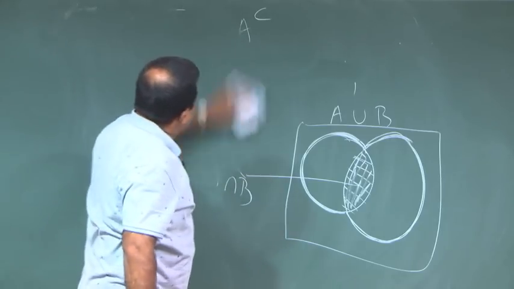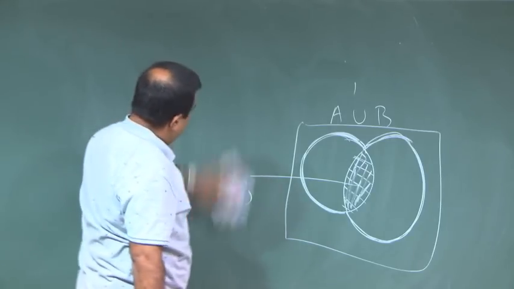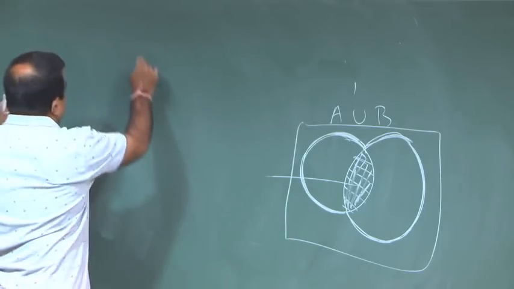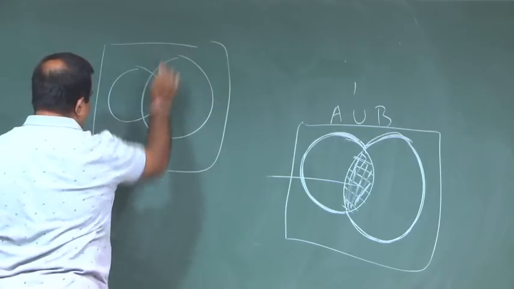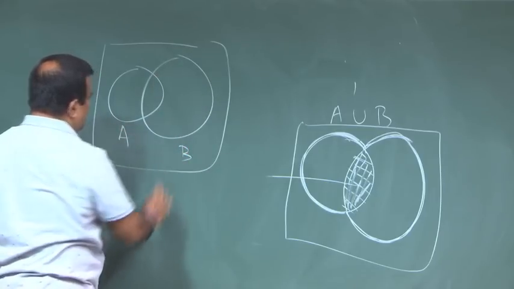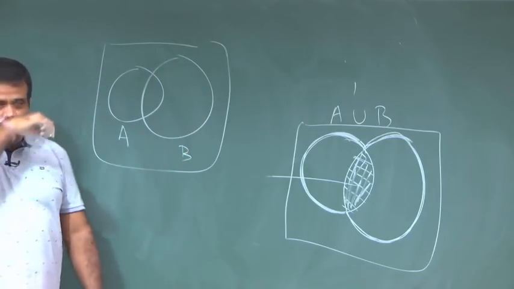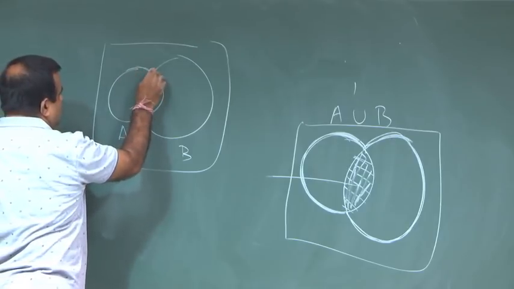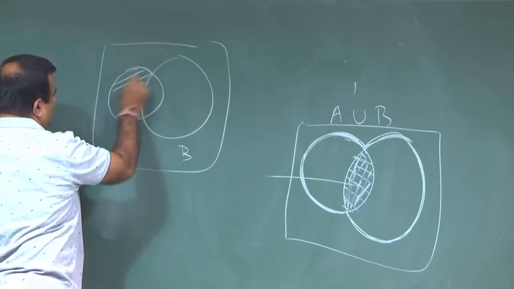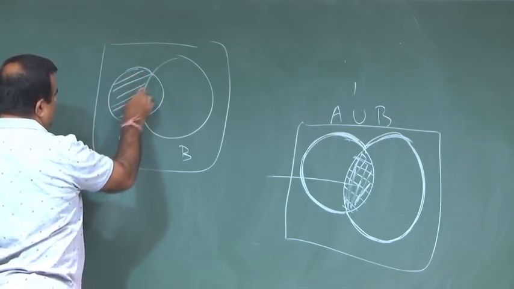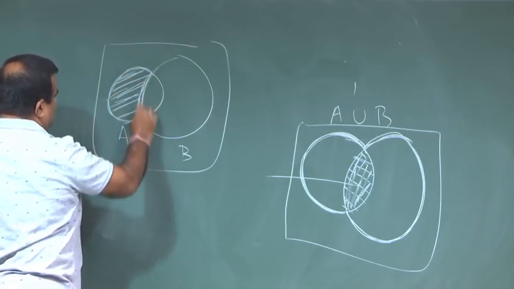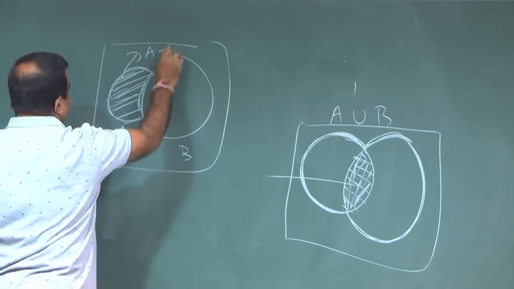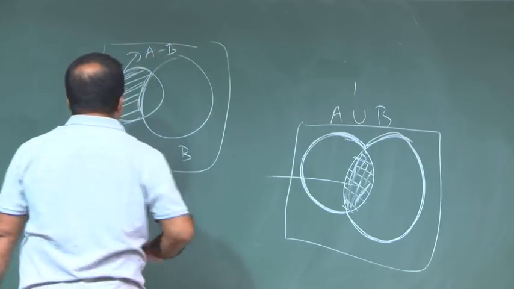Now, what is the difference? A minus B. So, we have a set, this is A, this is B. A minus B means this one. So, it is in A, but not in B. So, this set is basically A minus B. Okay.